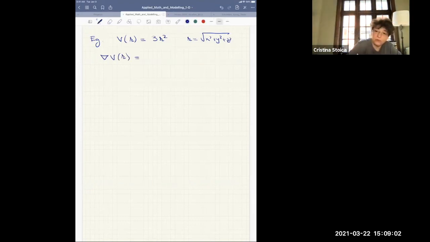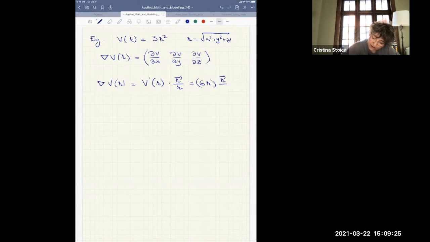You can compute it as dV/dx, dV/dy, dV/dz. But once you do this job, you notice that this is actually the derivative of V times r over r. So this will be 6r times r over r. This is a property of functions that depend only on the radius distance.